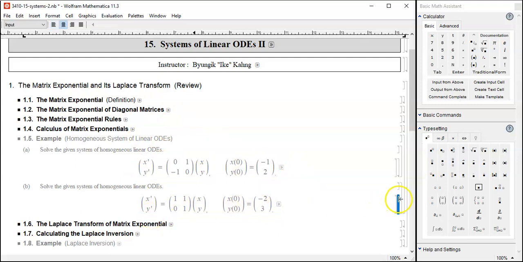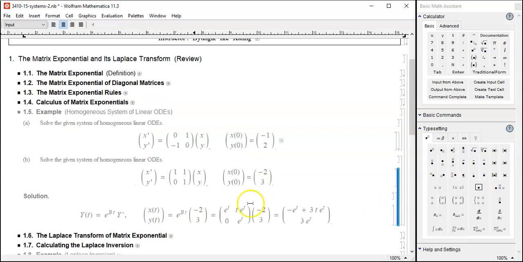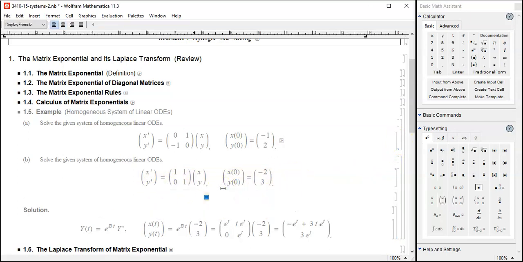So this thing is y prime equals B times y. Y of 0 is y star. Oops, excuse me. Y star is, of course, this matrix here, and then let's name this one as matrix B because I'm using the same character down here.